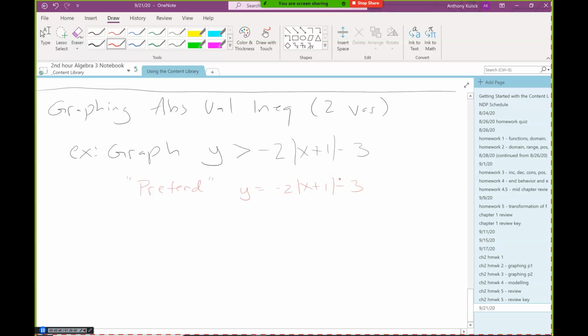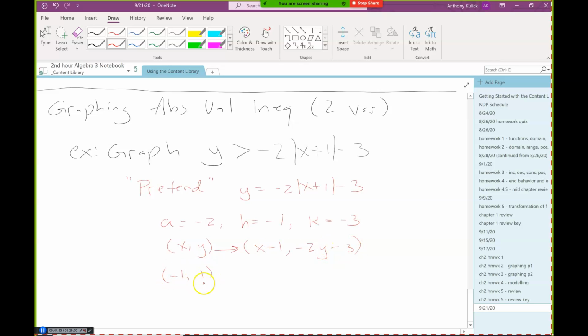So we're just going to start by pretending that really we just have y equals instead of greater than. So if I wanted to graph y equals, I start by identifying A, h, and k. And then I make my transformation map.